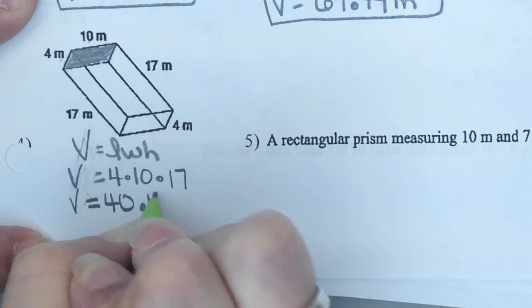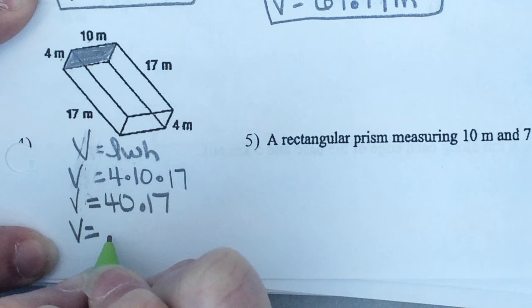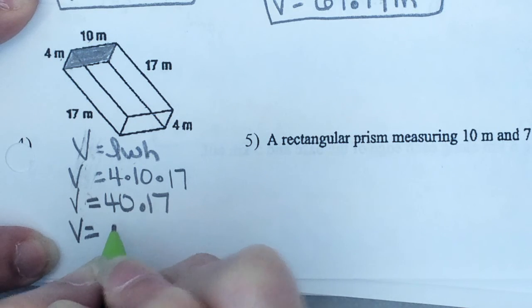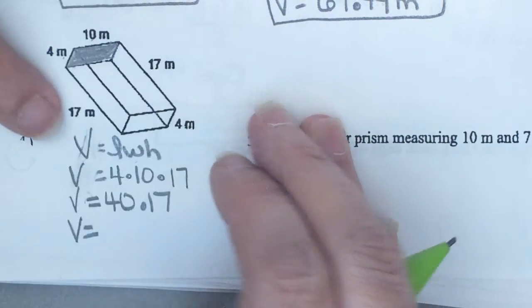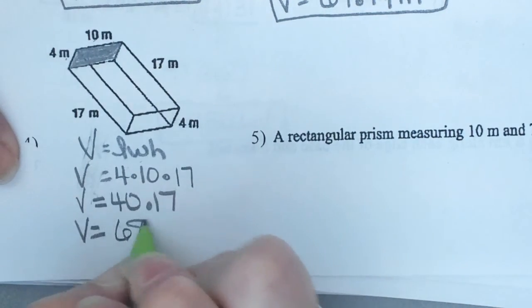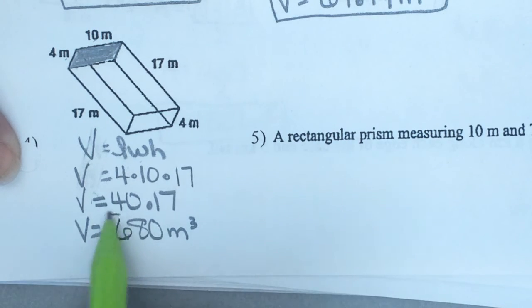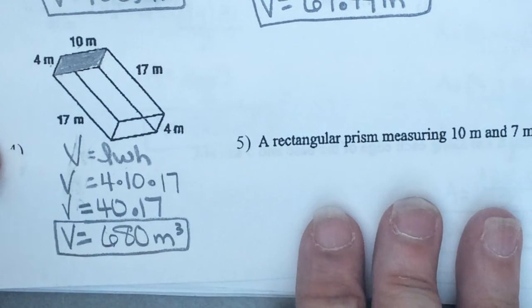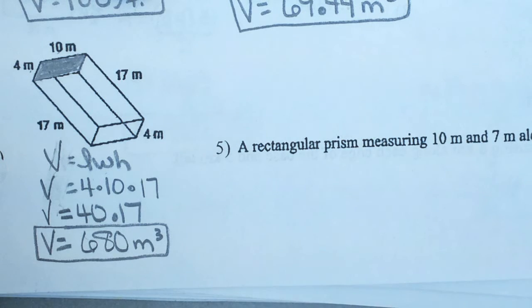So we have 40 times 17 is 680, yes. 680 meters cubed. So that was a good example of what if they put numbers all over the place and picking the numbers in the right order. Okay.